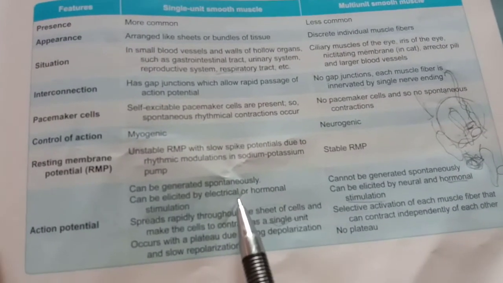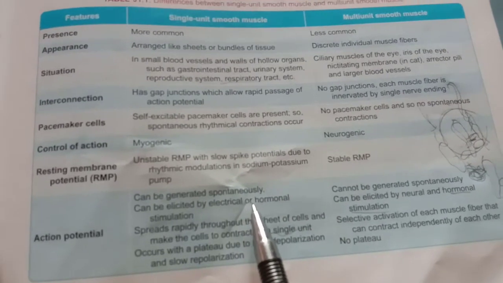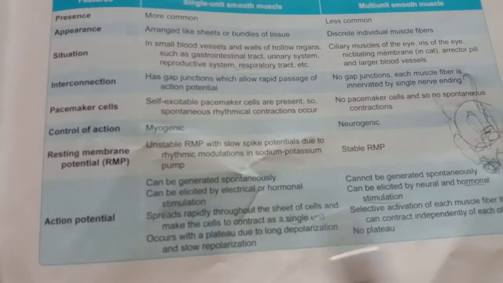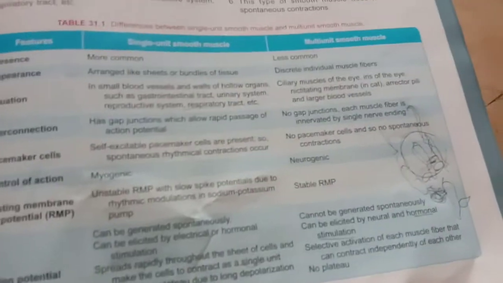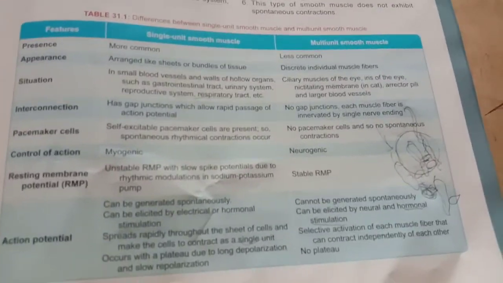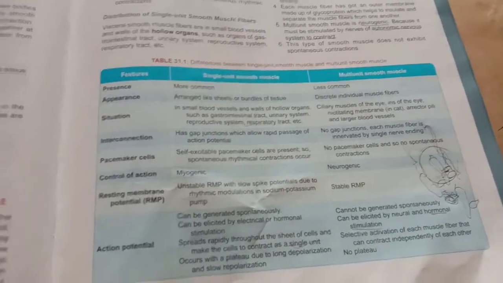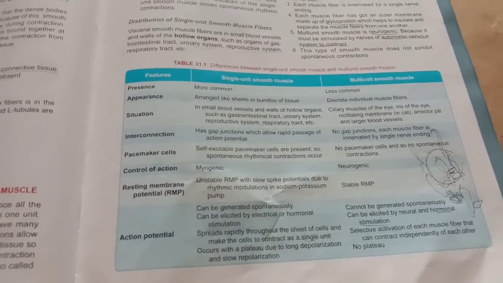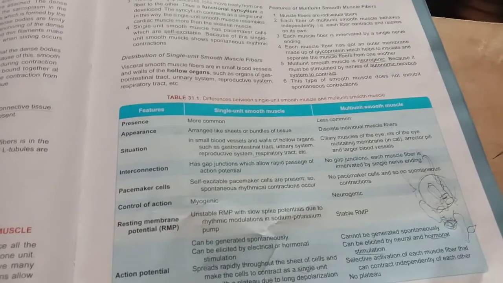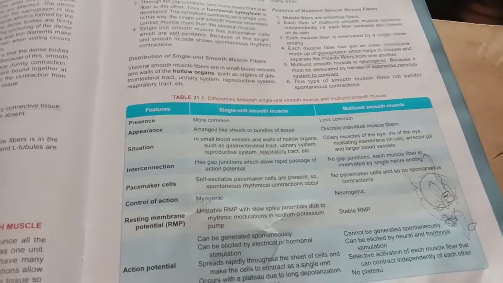As we all know, these are all the differences. Here it is spontaneous due to the gap junctions present in the muscle fibers, and excited by electrical or hormonal stimulation. As we know, the pacemaker is present. It spreads rapidly throughout the sheet of cells and makes the cells contract as a single unit, as there is only one nerve fiber and the information is passed through the gap junctions.